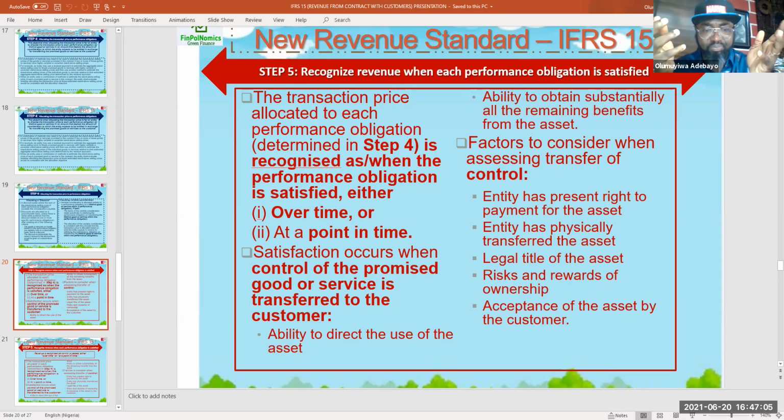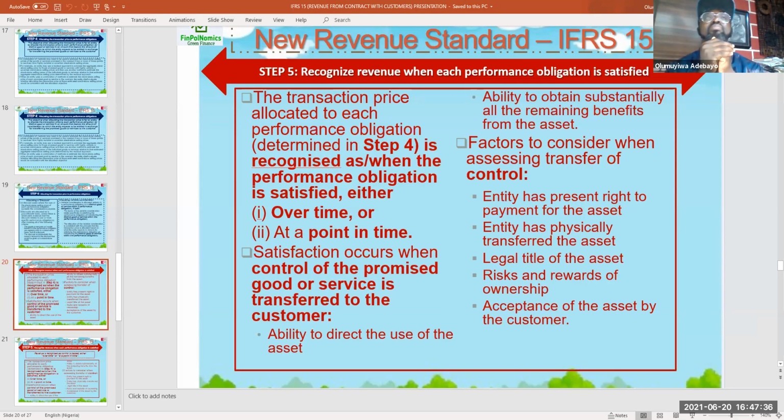It says, one, when you are able to establish that the customer has the ability to direct the use of an asset or the good involved, it then means that control of such an asset has been transferred from the entity to the customer.